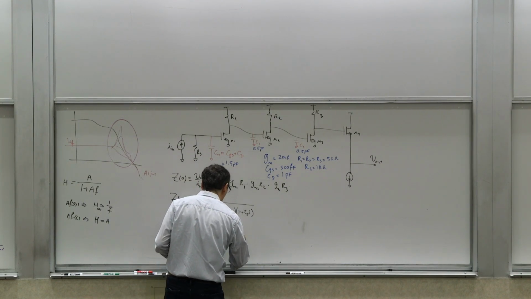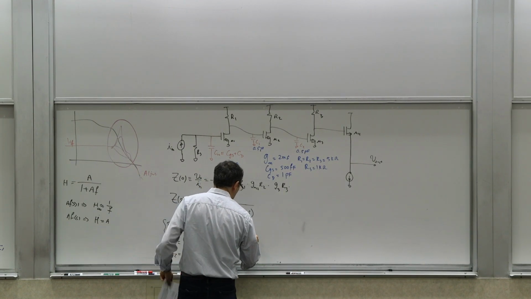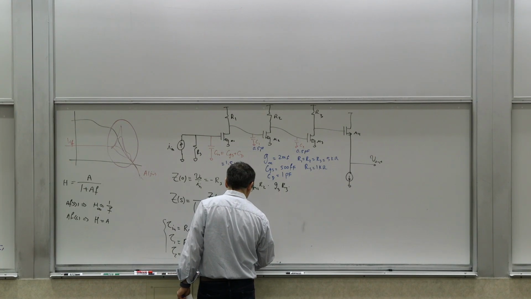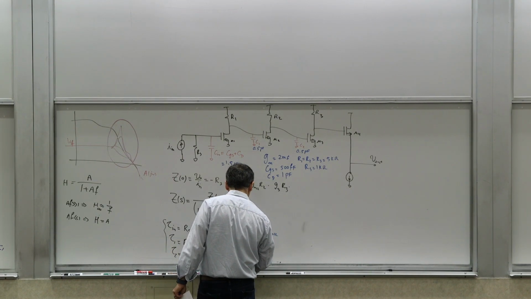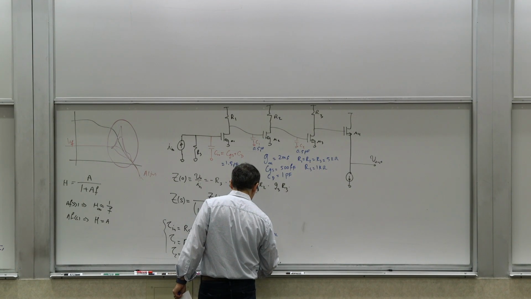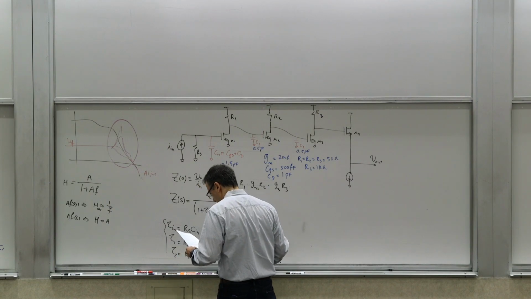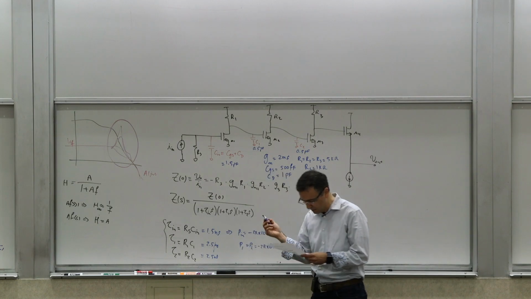This corresponds to a pole P in equals negative 2 pi times 106 megahertz. And P1 equals P2, which we call Pn, is negative 2 pi times 64 megahertz. So there are 3 poles.